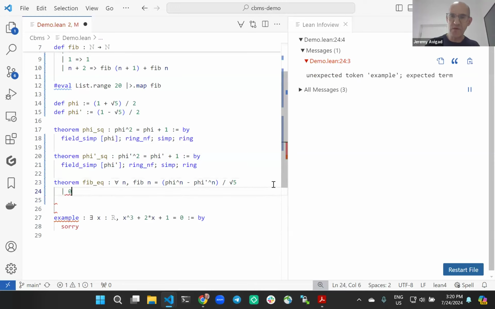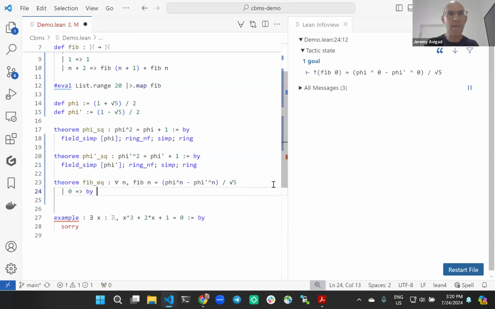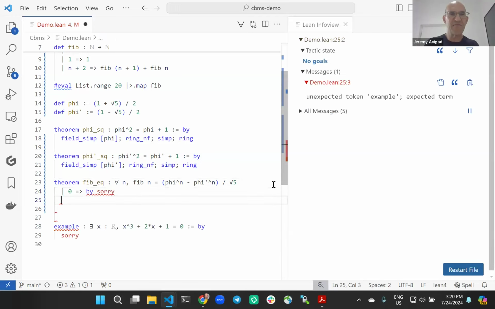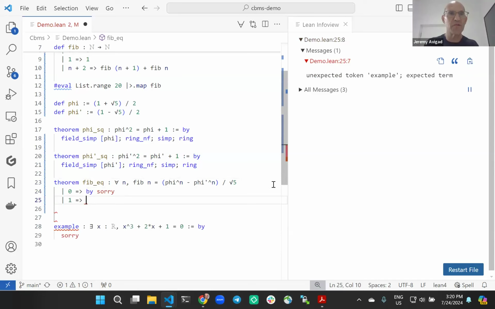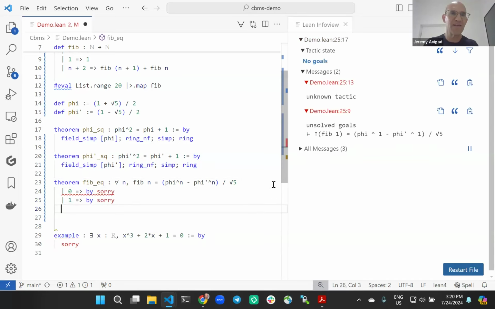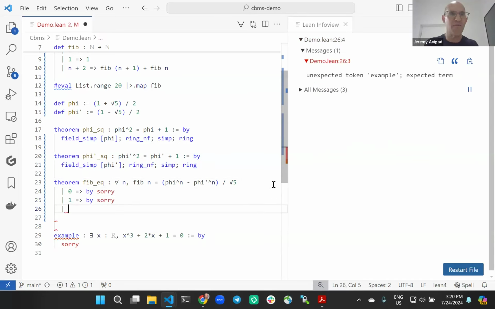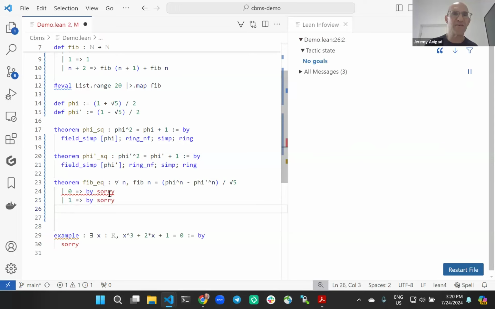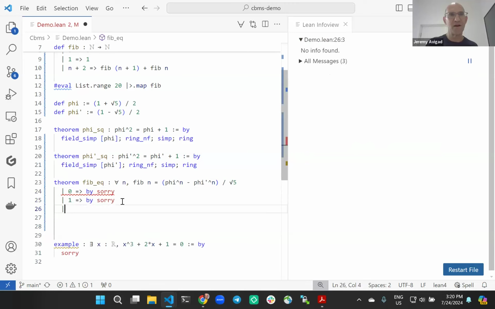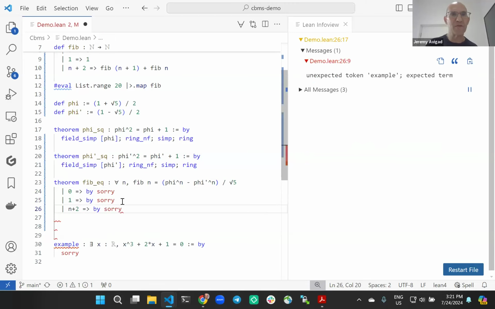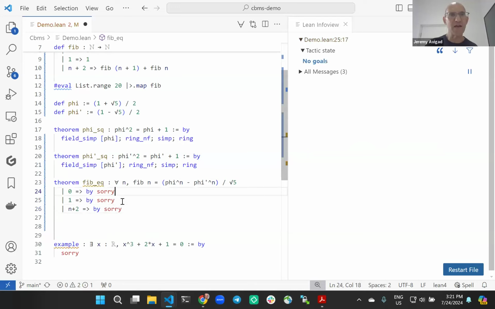And the induction is, we're going to actually mirror the induction on the definition of Fibonacci numbers. So in other words, we're going to do the 0 case, the 1 case. And the error message here is Lean telling us that I haven't done all the cases. But here, let's do the n plus 2 case. Okay, let's see.